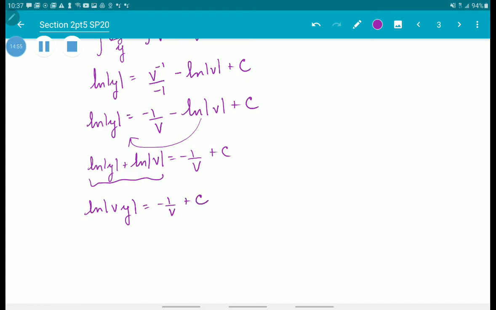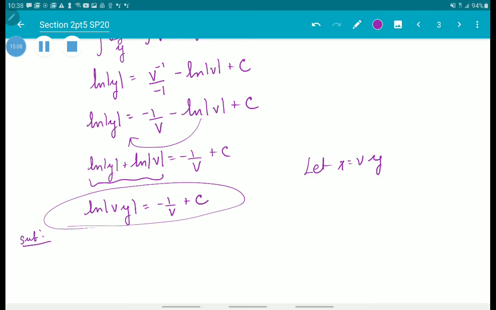And this is a good place to go ahead and back substitute. We started out by saying let x equal vy. And we want everything in terms of x and y, not v and y. So we know v is the same thing as x over y.